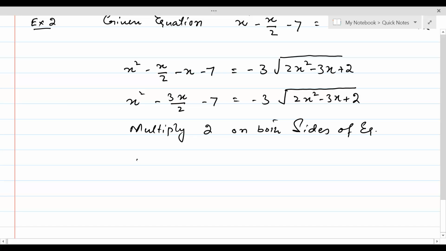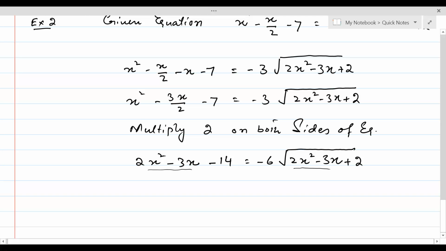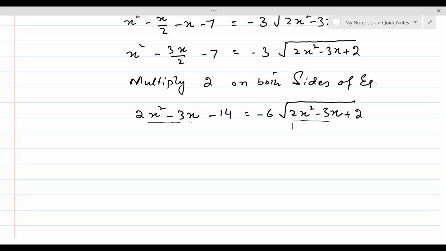This will give us 2x square minus 3x minus 14 equal to minus 6 times square root of 2x square minus 3x plus 2. And now this part is exactly whatever is inside the square root, the first two terms.